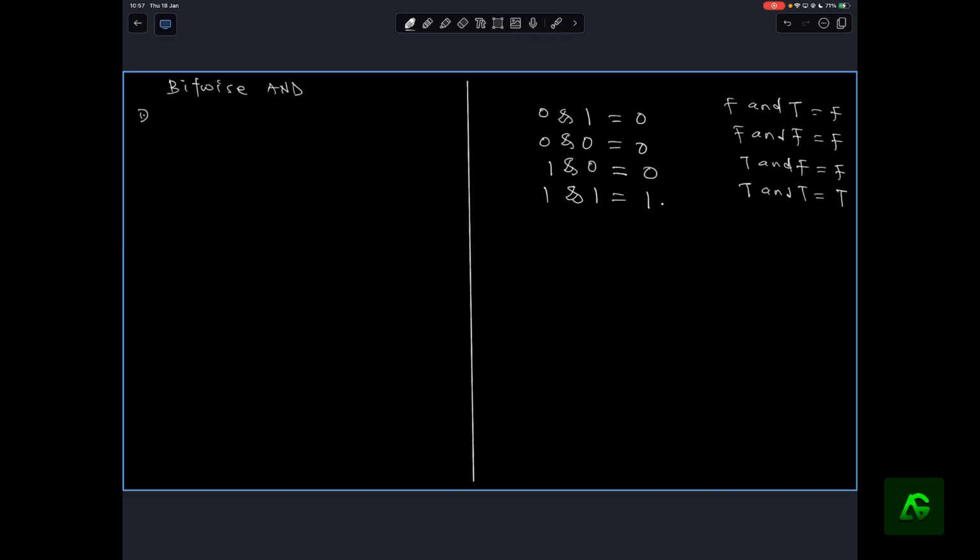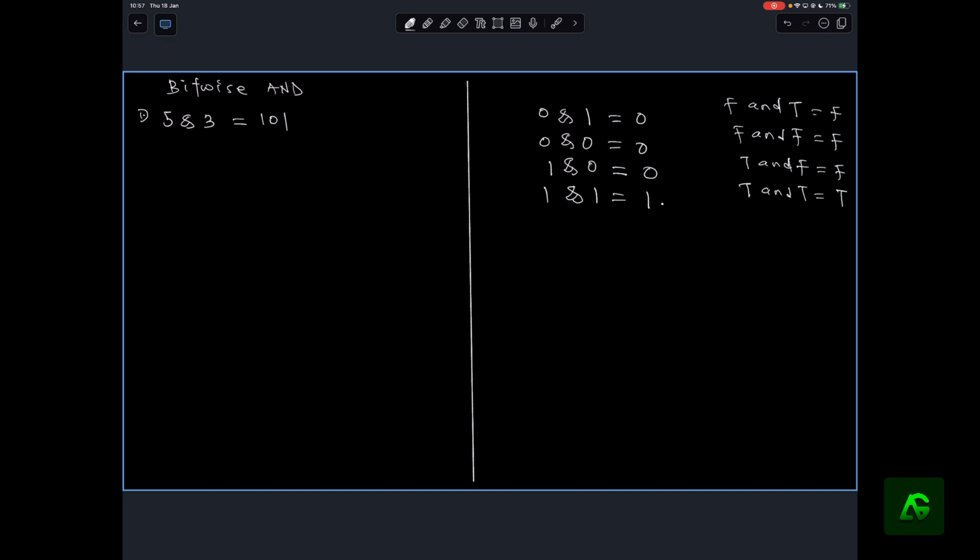Because false is 0 and true is 1. So now, anytime we want to consider bitwise AND, bitwise AND is applicable to corresponding bits. For instance, let's say I want to find 5 and 3. 5 is 1 0 1, right?